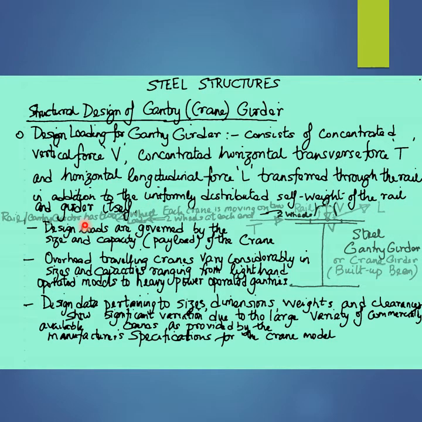With that background, we can proceed to calculate the design loading for a steel gantry or steel crane girder for the purposes of structural design, including the special dynamic loads or the special dynamic forces that are characteristic of steel gantry or steel crane girders.